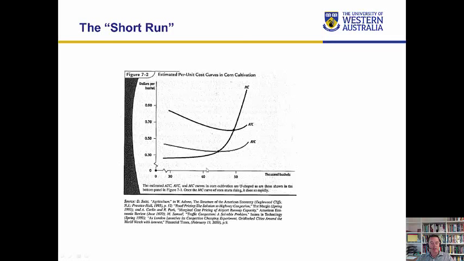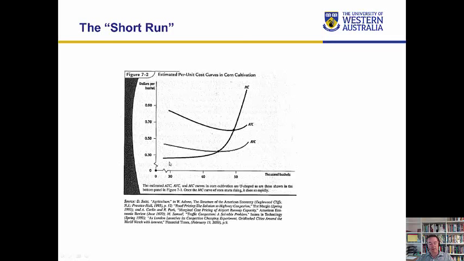So think about this situation. Along the horizontal axis, we've got thousands of bushels of corn, and this farmer presumably has a fixed amount of land and a fixed amount of capital. But the farmer can produce more by adding more water, more fertilizer, and more labor.